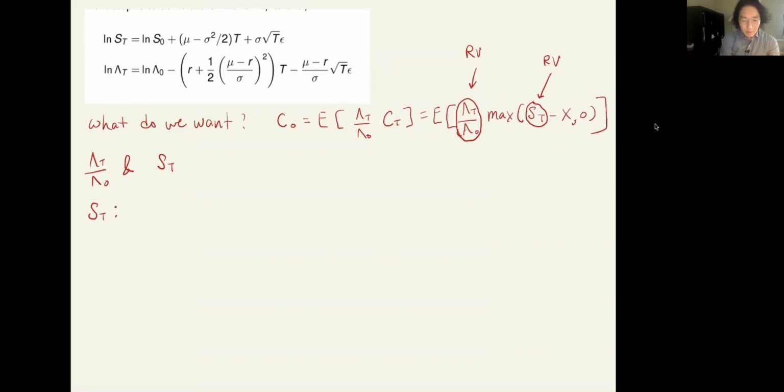Let's first calculate the distribution of ST. Okay. So ST follows the following stochastic differential equation, and we know that solving this stochastic differential equation can be done by considering the derivative of the log of the stock price using the Ito formula, right?